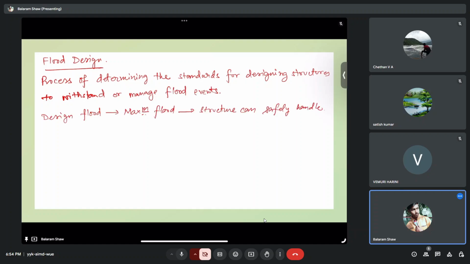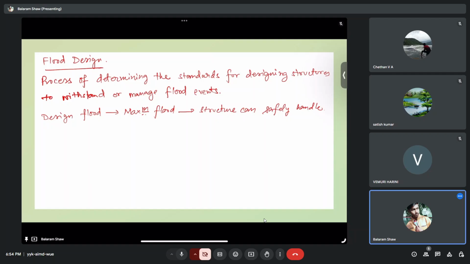Whenever we are designing these structures, we need to give the dimensions of the structures. We have to consider the economic factors, the hydrological factors, the climate factors, and so on, and based on all these we design the structures.